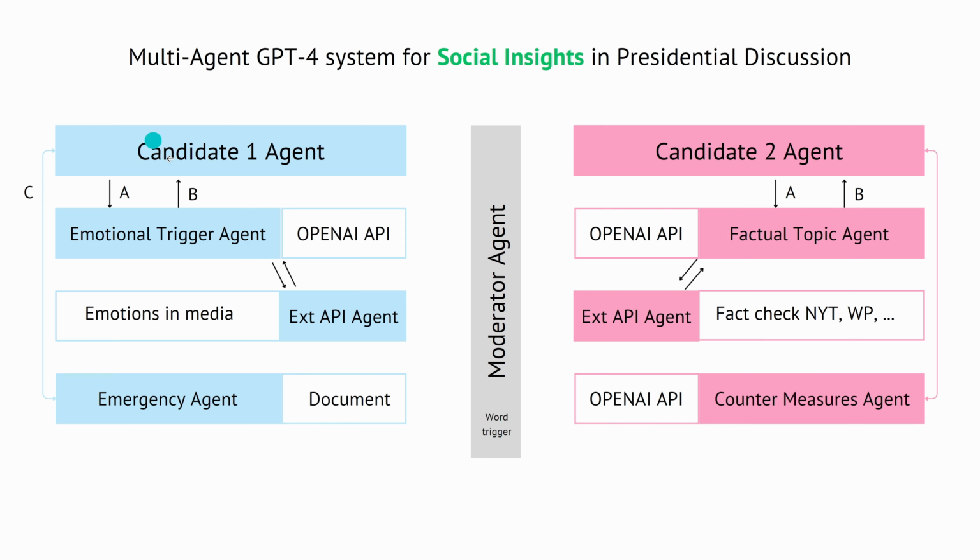And of course, exactly the same on the other side. You have here an emergency agent. If you somehow notice, oops, we are running into some troubles, you have an agent that has access to a document. Maybe in this document there's a list of specific points that you as candidate 1 want to stress in your presidential campaign.